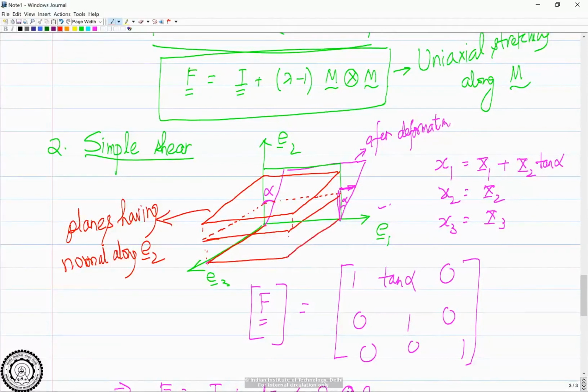Can you see these planes? So you have three planes here which are having normals along E2. And these planes have shifted along the E1 direction. So they are undergoing relative shearing, these planes. So therefore we say this is shear, and it is being physically visualized as shearing of parallel planes. See, all these three planes are parallel, having normal along E2, and they are undergoing relative shearing along E1.